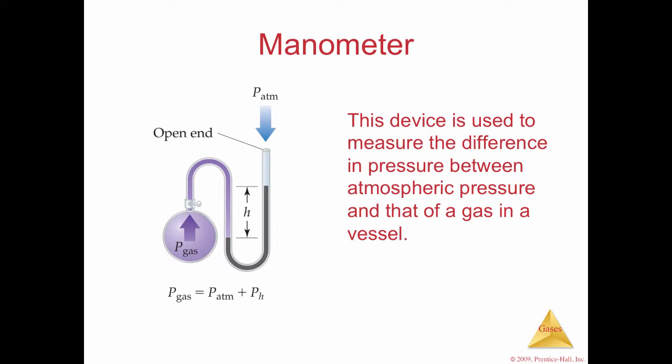The atmosphere is also exerting pressure on the open end of the tube, and because the liquid level is higher on the right-hand side, we can extract from that the pressure inside the flask is greater than atmospheric pressure, because the pressure in the flask is pushing the mercury with more force. Also, we should note that the pressure of the gas is equal to atmospheric pressure plus the height difference.